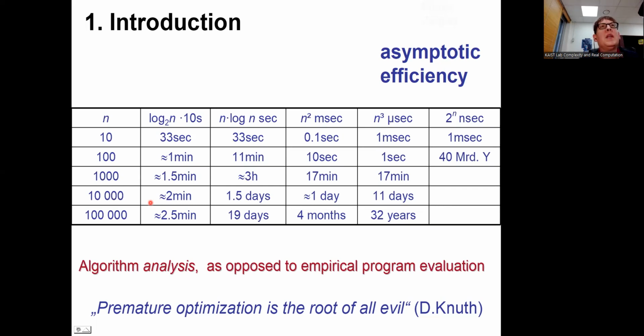On this table, you see 5 columns, each column corresponding to a different hypothetical computer. At the rightmost column, you see a computer running at a gigahertz clock rate, namely with a nanosecond for each operation. The second column from the right refers to a megahertz computer that is using roughly a microsecond for each operation.